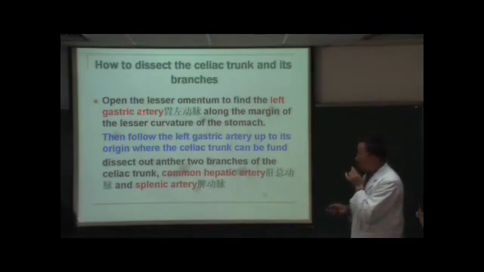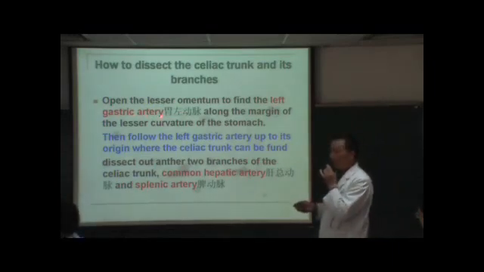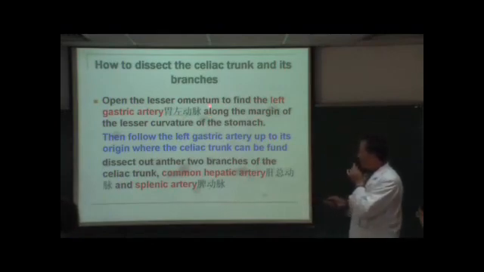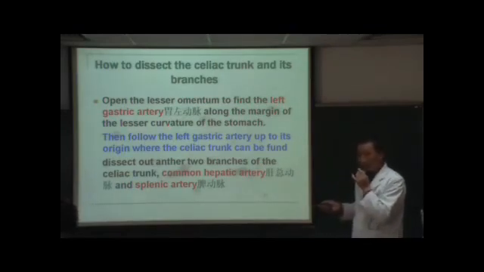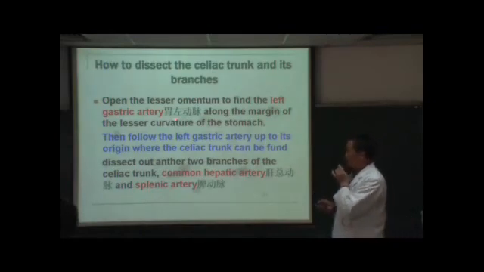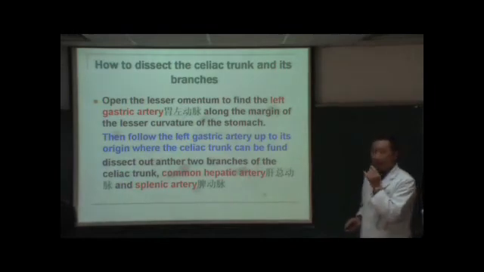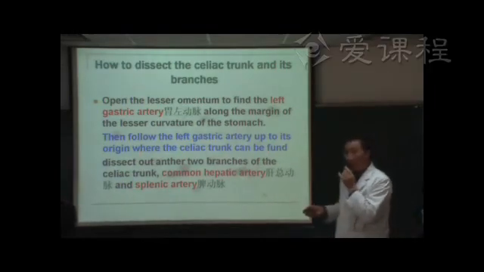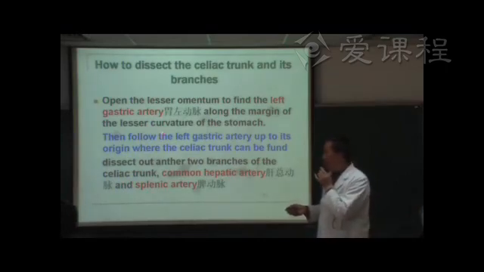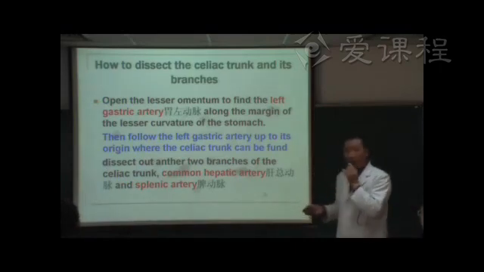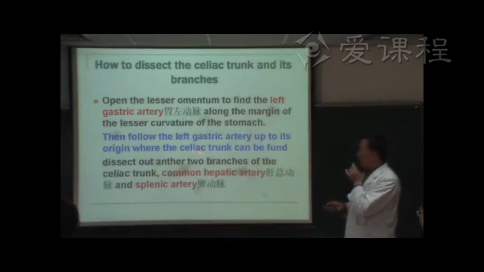And when you find the left gastric artery, you go along this artery along the margin of the lesser curvature of the stomach. You can trace it or follow it. Follow the left gastric artery up to the origin, to the left of the origin of the left gastric artery. In its origin, you can find the celiac trunk.